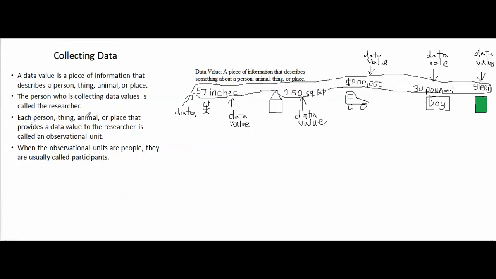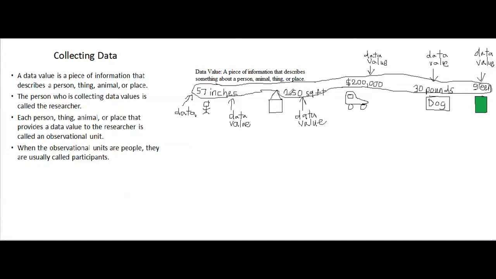Each person, animal, thing, or place that provides a data value is called an observational unit. So if I recorded this data value from this person, for example, if this person told me that he or she is 57 inches tall, then the person is an observational unit.